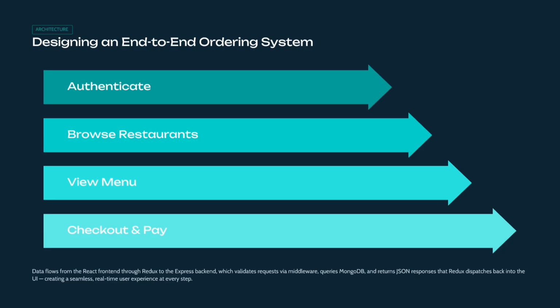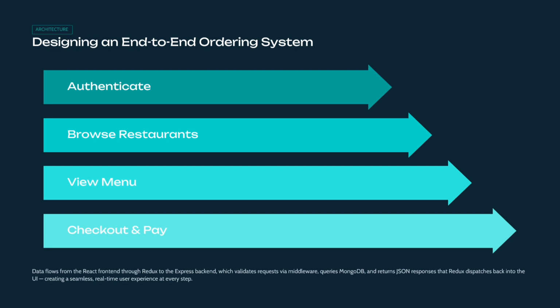Now, let me explain the complete workflow of the OrderIt application. The application starts when a user registers or logs into their account. Once the user is authenticated, they can browse the available restaurants and explore different food items from the menu. After selecting the food items, the user adds them to the shopping cart.